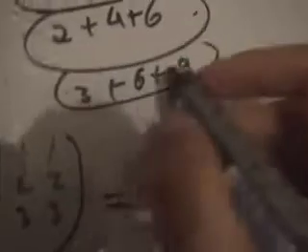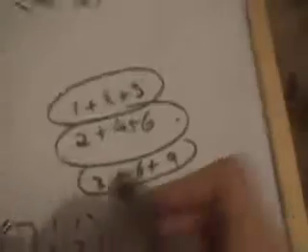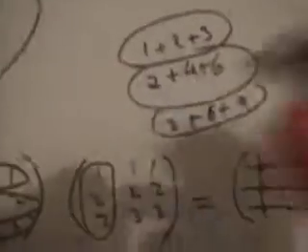And then you go 3 and 6 and 9. 3 and 6 is 9, and 9 and 9 is 18. Sorry about that, folks. 6, 12, 18. And then you just continue like that.